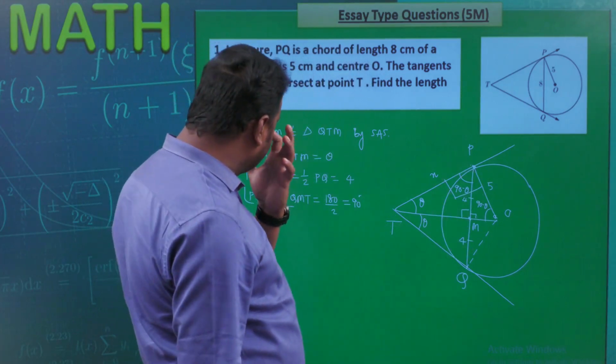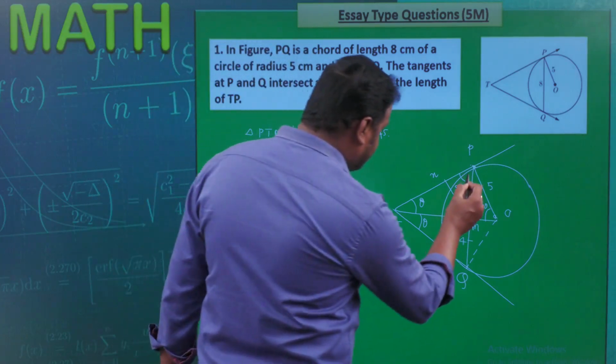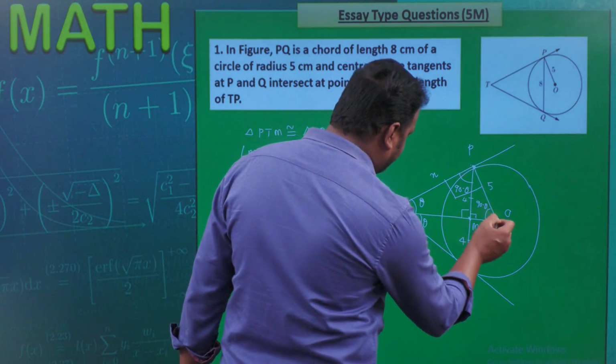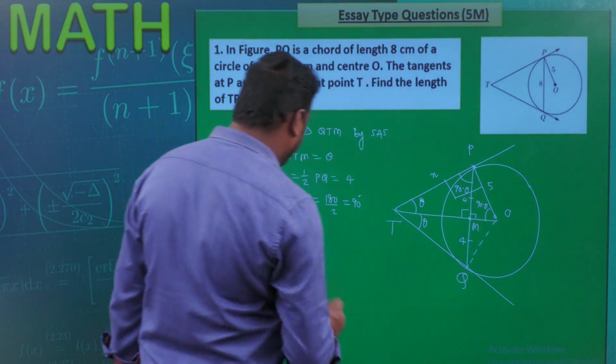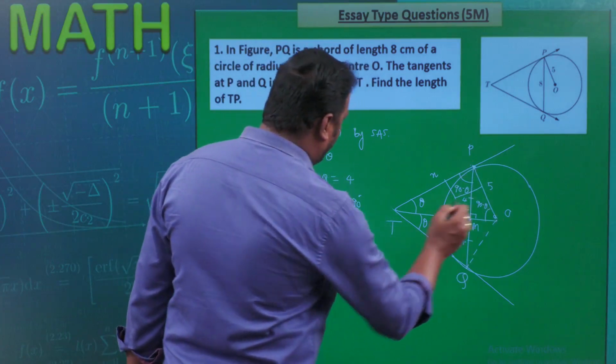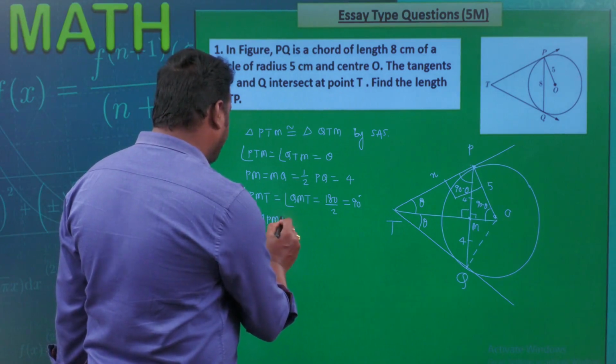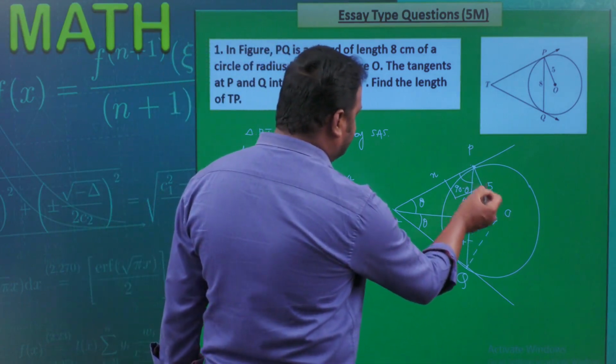Now I am going to consider two triangles here. Like this is 4 and this is 5. Can you find out this OM here? In triangle PMO, hypotenuse is OP.